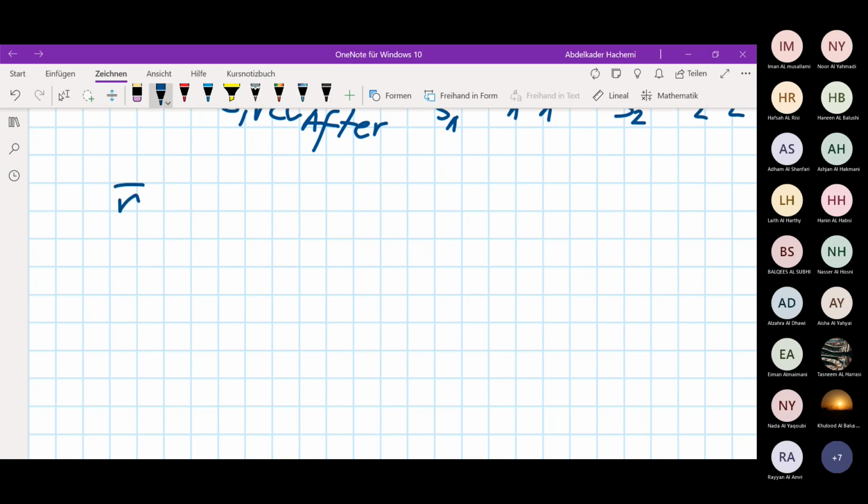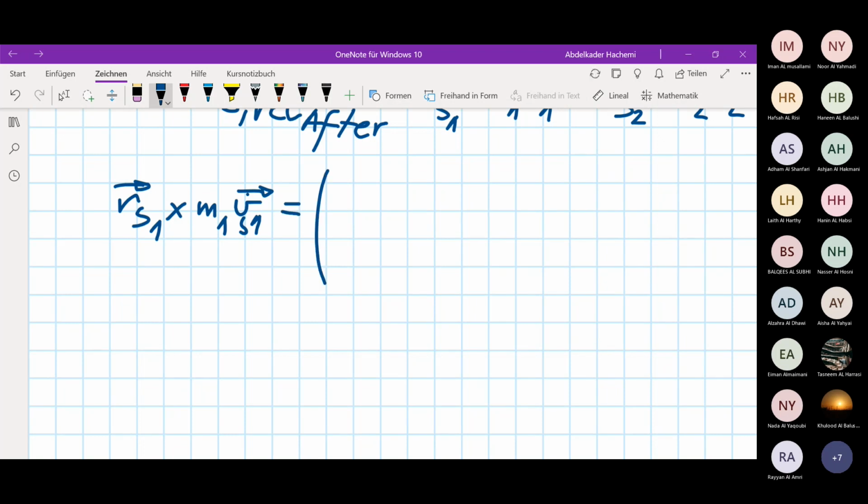R S1 cross M1 V1, or VS1. It's not important the notation.